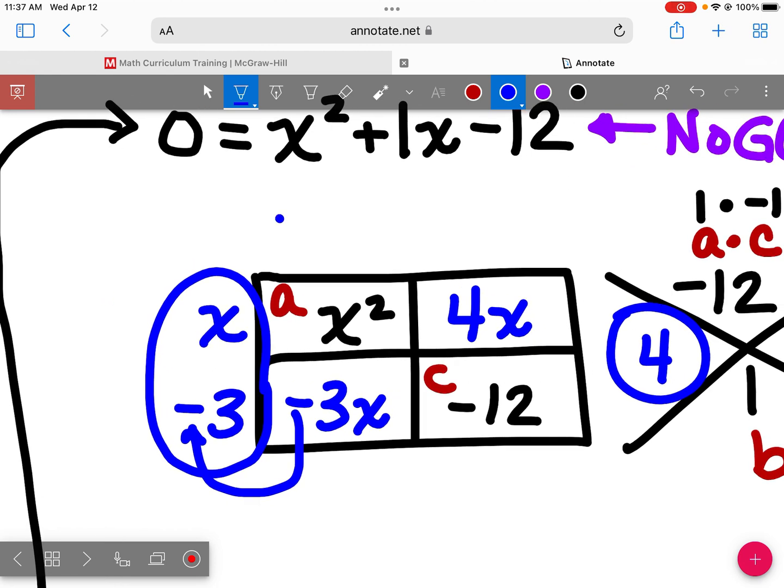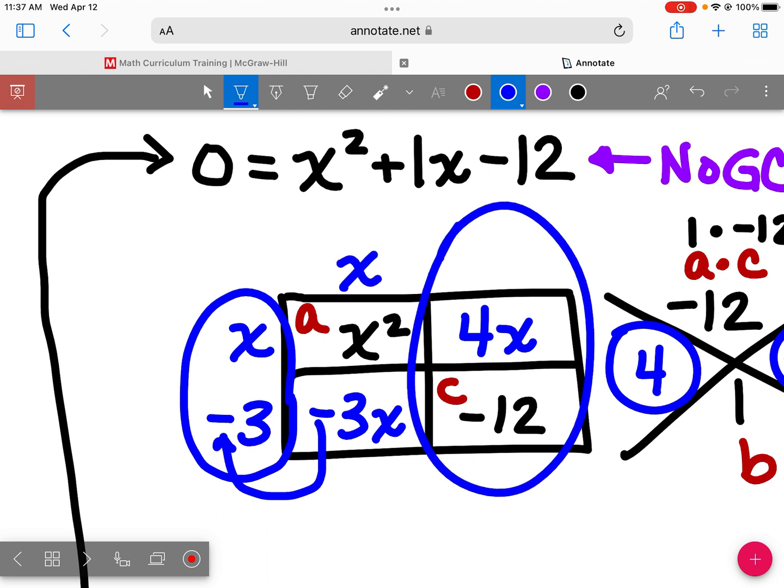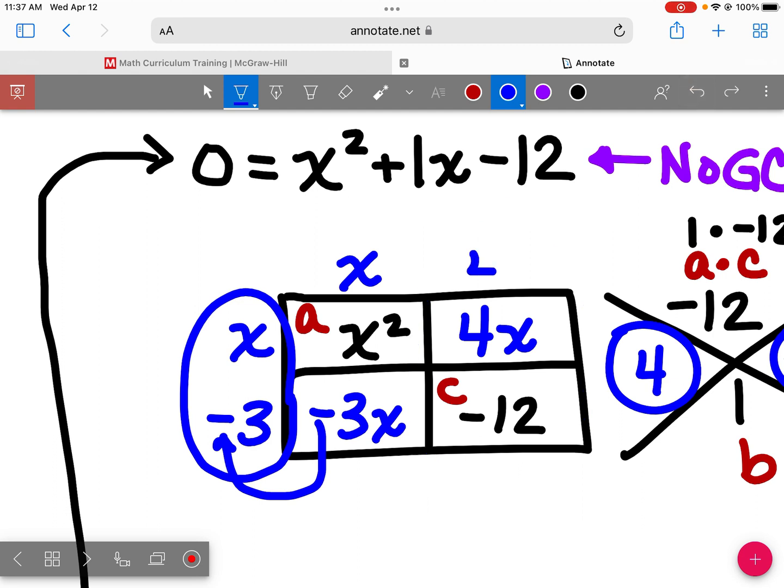Now we're going to do columns. X squared and negative 3x. What's the biggest factor they have in common? X. 4x and negative 12. What's the biggest factor they have in common? It is 4. Is it positive or negative? Positive. Do you see this box that it's touching right here with the 4x? That's a positive 4x.